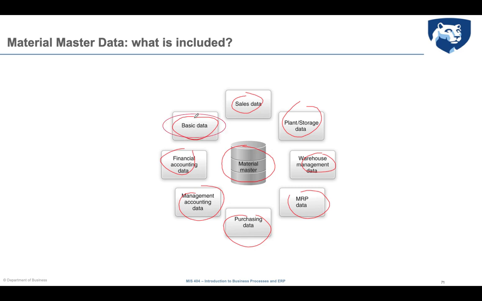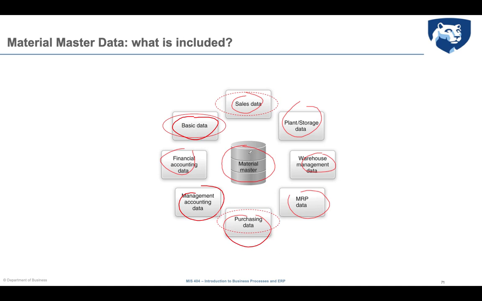But the point is that, while basic data are shared and visible to every process that uses this material master data, sales data will only be visible to people dealing with order fulfillment. Purchasing data, for example who is the vendor providing this material, will only be visible to the people that use this material in the procurement process.